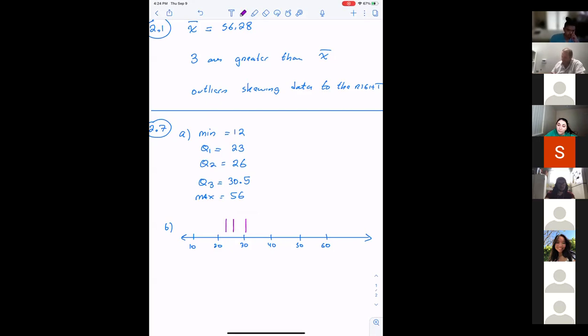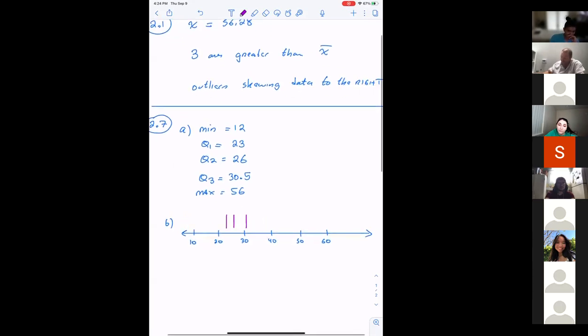What else we got? Dot on the max. The max is 56, about there. All right, what else? A dot on the min, which is 12, about there. All right, what else?